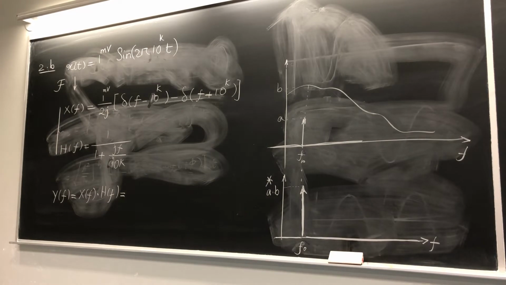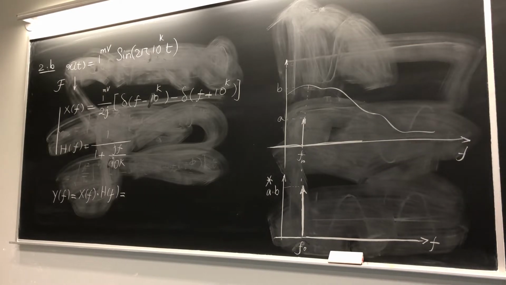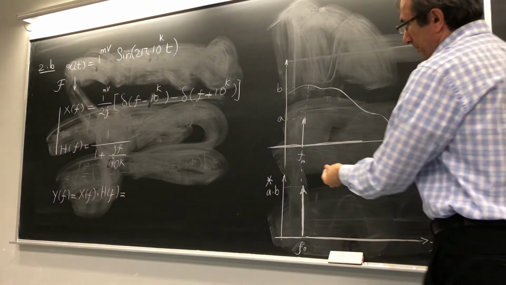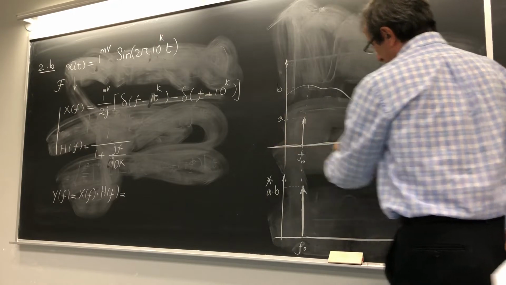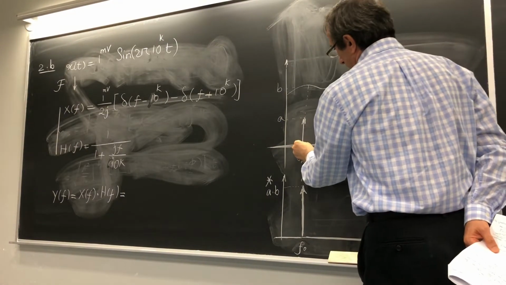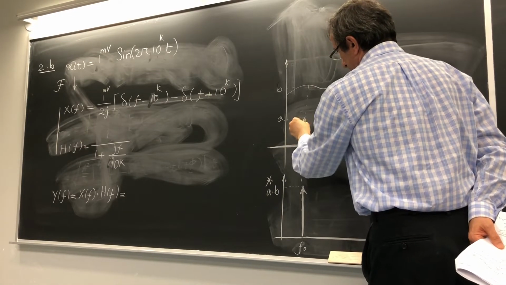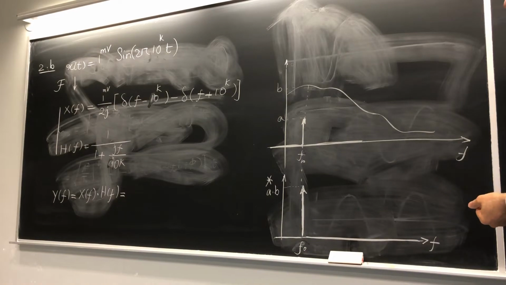Right? This is what we already talked about in the class, and it makes every sense. You multiply the two functions at all the frequencies, and the only place where the product would be non-zero is at f naught.